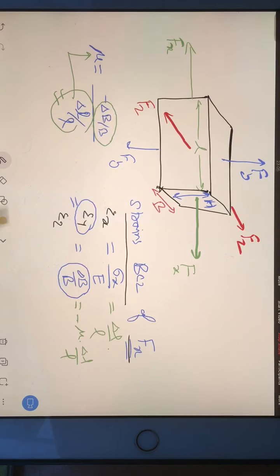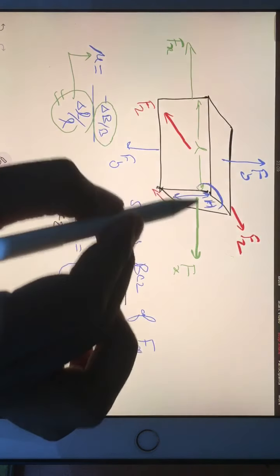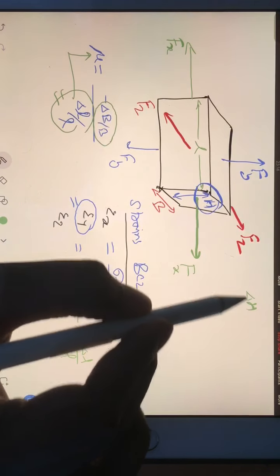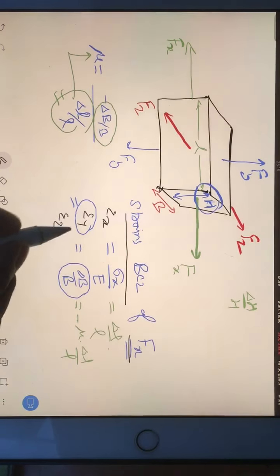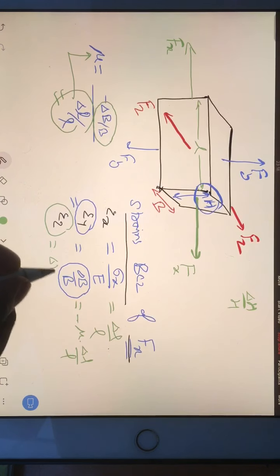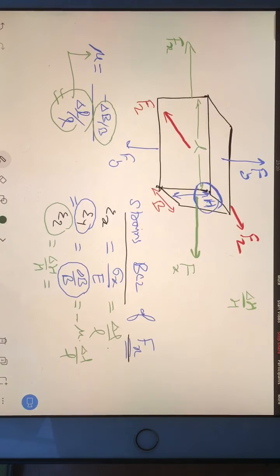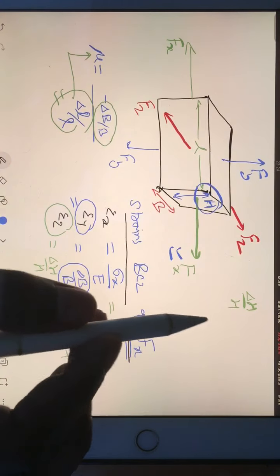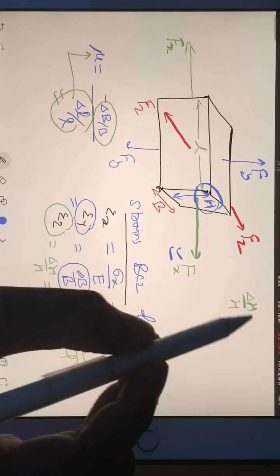Now in the same way, the strain in H I will write as del H by H. But again, this Fx force will develop an effect in z direction also.